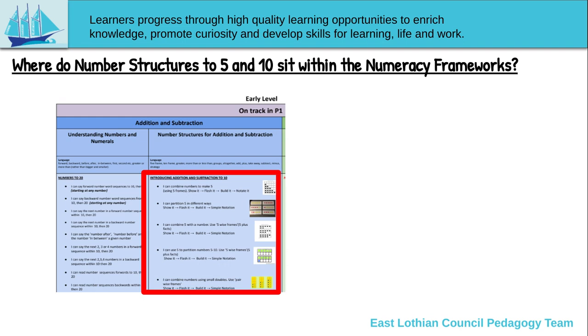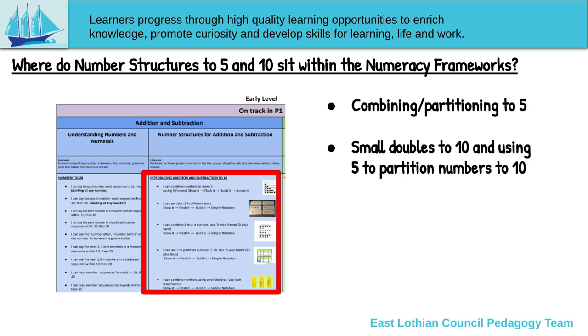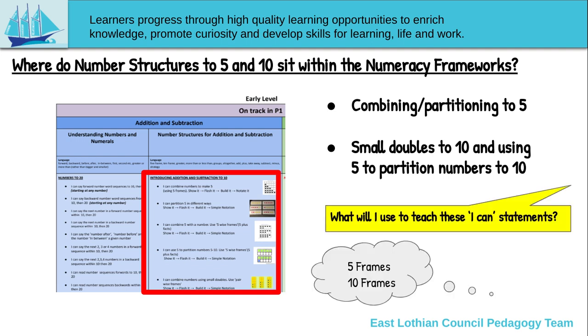If we think about On Track in P1, it's in this column, number structures for addition and subtraction, and we start off thinking about combining and partitioning numbers to 5, and then we move on to thinking about structures to 10 and then partitioning numbers to 10 using 5. So how are we going to teach these I can statements? Well, using 5 frames and 10 frames is a perfect resource.